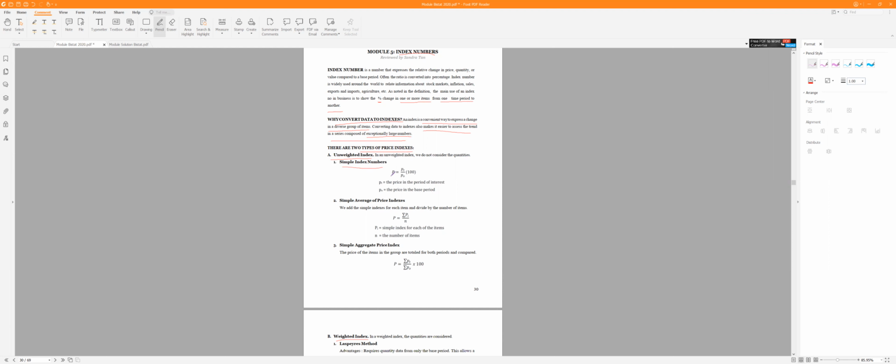So P, the index number, is PT, the price in the period of interest. What is the period of interest? Say you have data for 2010, 2011, 2012, and the P0 will always be given in the question, so don't worry. Say 2010 is the P0, and you want the index number for 2012. So this is your PT.